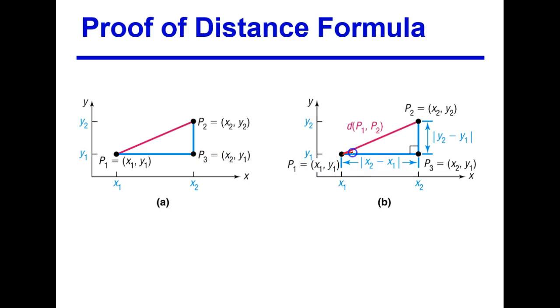When we're talking length, we're always talking absolute value because we cannot have a negative length. So for this leg, I have the absolute value of x2 minus x1. For this leg, I have the absolute value of y2 minus y1. Now I can see that's where I get some of that information from.